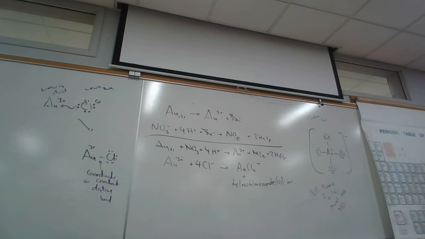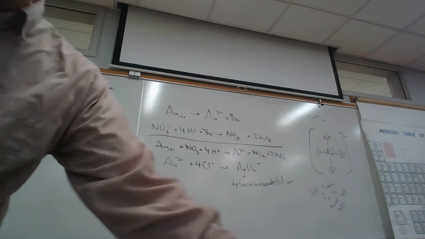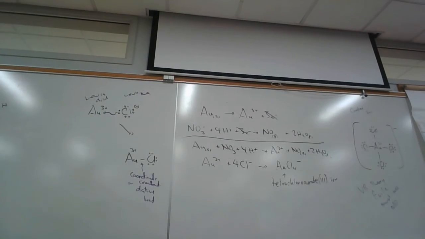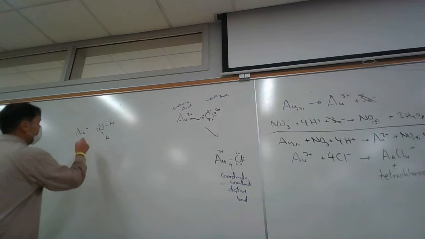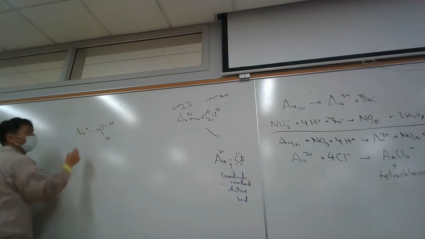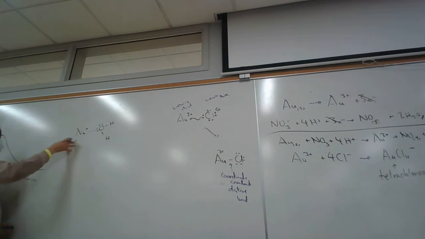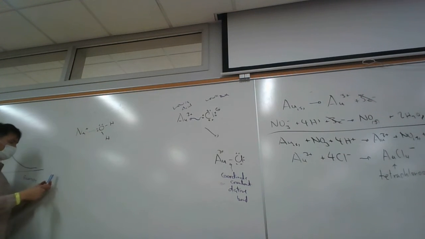For example, if I have a sodium ion, the water is not going to form coordinate covalent bonds. In other words, if I have sodium ions, what I'm going to get is a hydration or a solvation sphere. And I'll generate these, what we call ion dipole attractions. So there's going to be an ion dipole attraction here. And then I can fit about 6 of the water molecules around this. But this is not bonded.